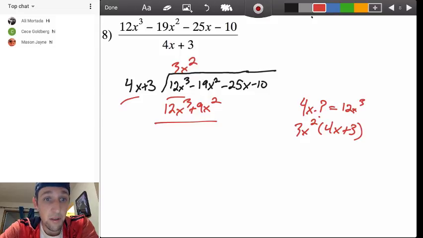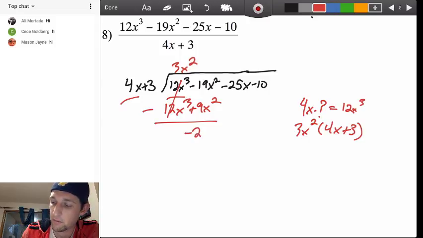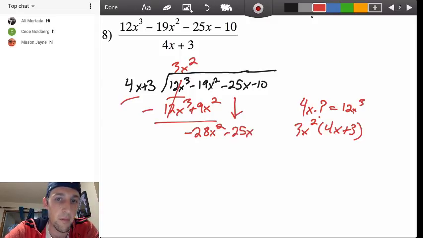Again, this is also the same as regular long division. You would subtract here. So we subtract, and those first two will drop to 0. The second two, it's negative 19 minus positive 9. That's negative 28x squared. Last step in that first cycle, bring down the negative 25x. Bingo.